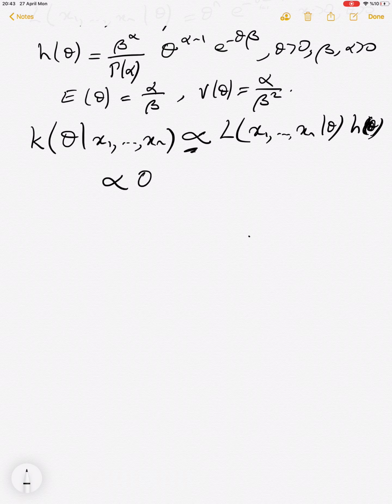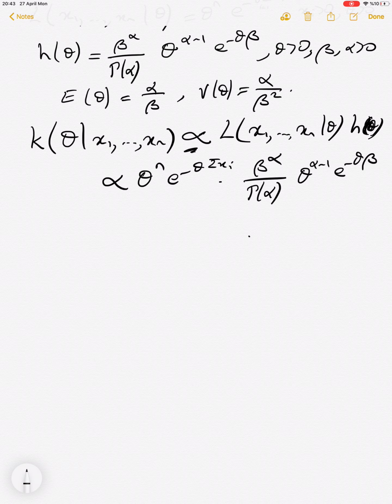Okay, so let's write the likelihood function in terms of xi and then the prior distribution. Here alpha and beta are constant parameters, fixed quantities. They are also not known, but our main unknown parameter is theta.